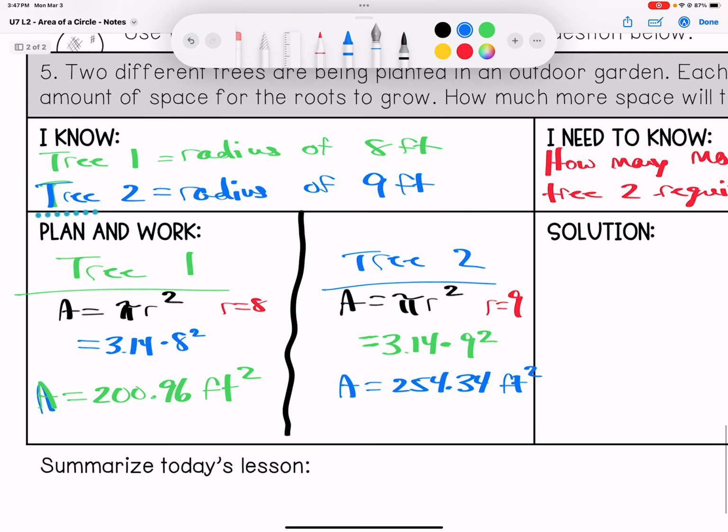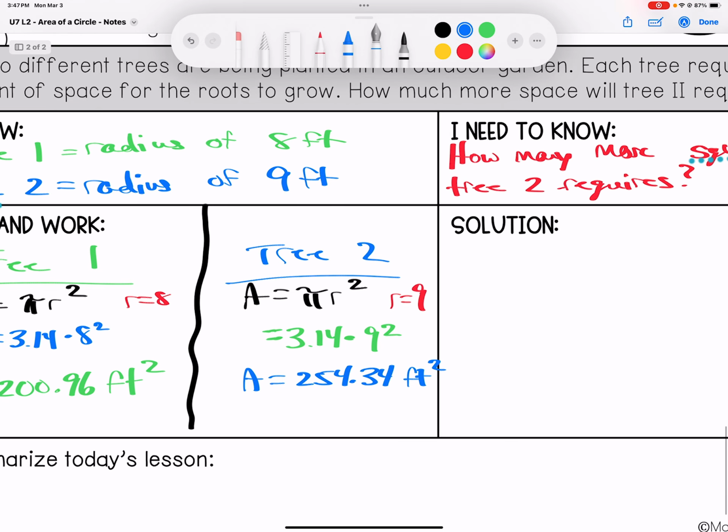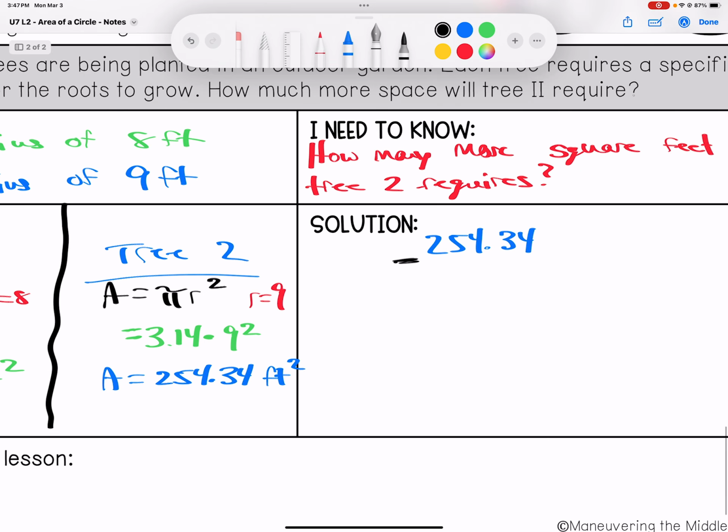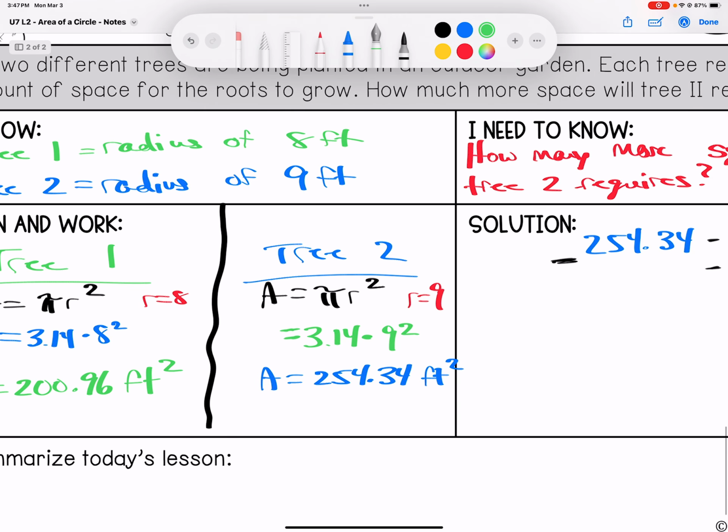And it said, how much more room do you need? So you're going to need to subtract those. So you're going to need to go 254.34, minus, because that's tree 2, minus tree 1, which is 200.96.